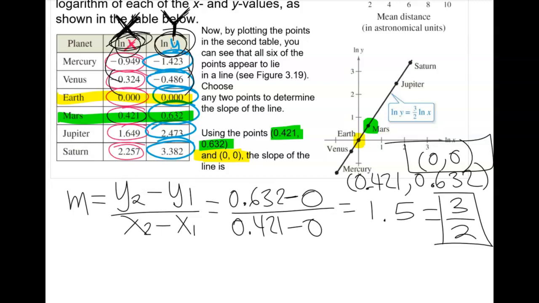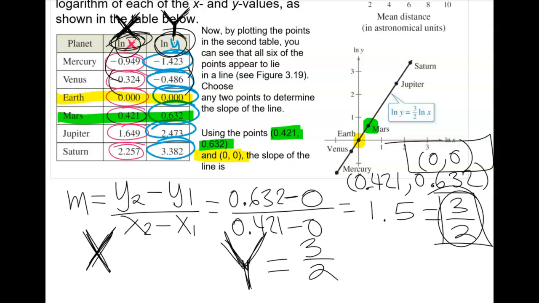So here we have this function where y is equal to the slope that we have here, 3/2 of x.